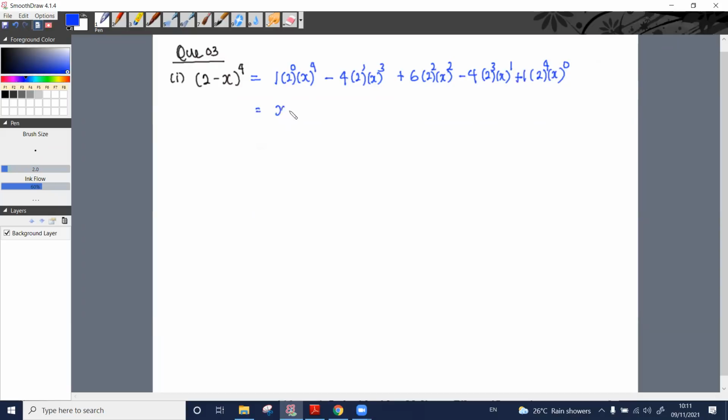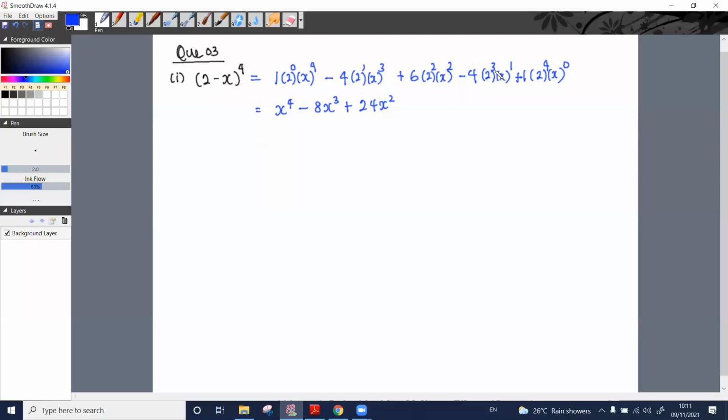Here it is x to the power 4, right? Minus 4 into 2, 8, 8x to the power 3, plus 2 squared means 4, 4 into 6, 24. So it is 24x squared.